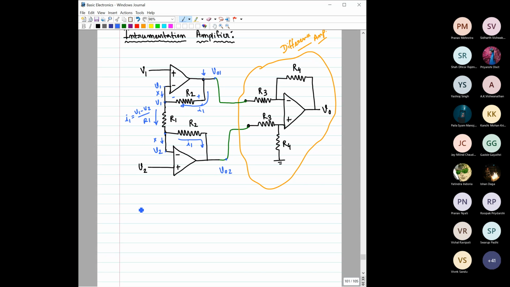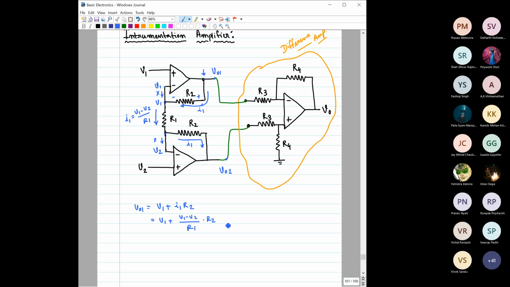That way we can find V output 1. So what is V output 1? It is nothing but V1 plus I1 R2, isn't it? So it would be V1 plus V1 minus V2 by R1 into R2, right?